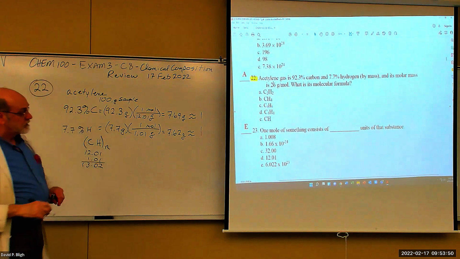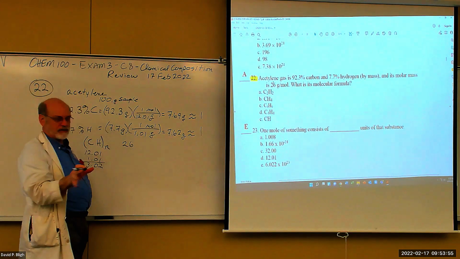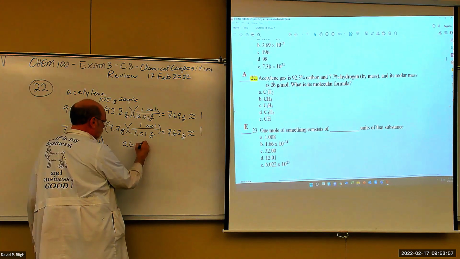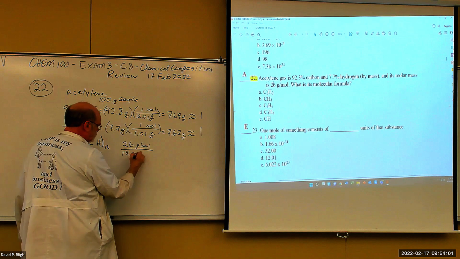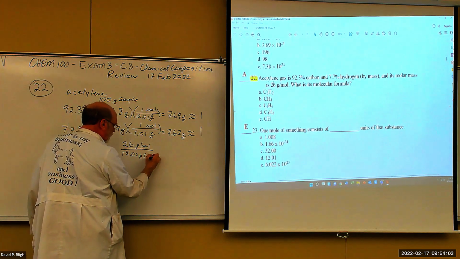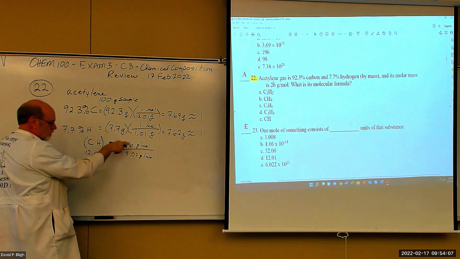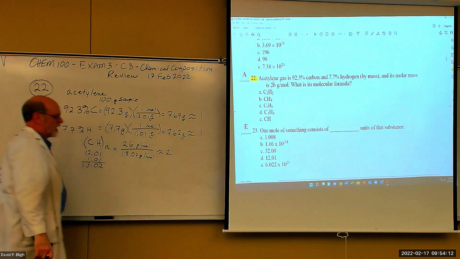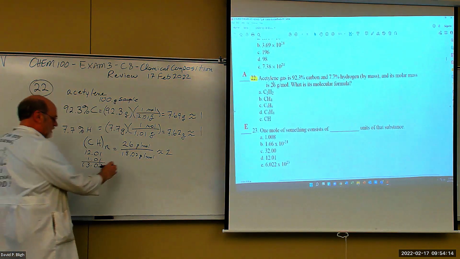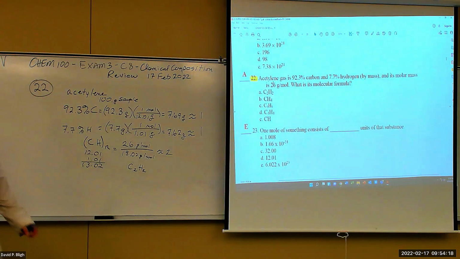And given 26, this is the molar mass of the compound, 26 grams per mole, and this is 13.02 grams per mole of that formula. And this is equal to that ratio, which is about 2. So acetylene is going to be C2H2. Okay?